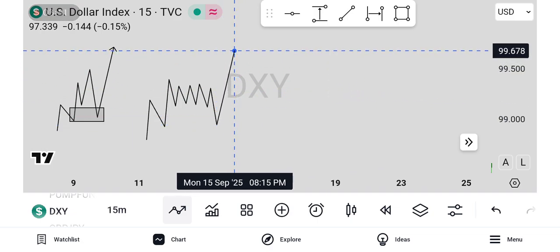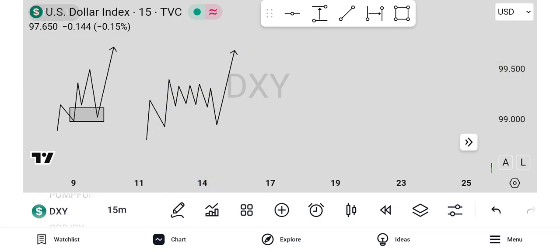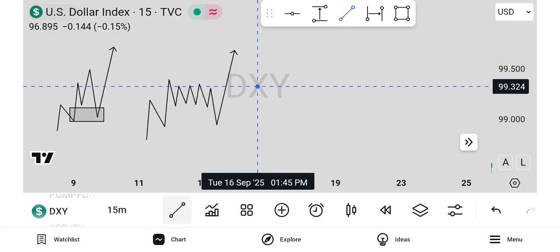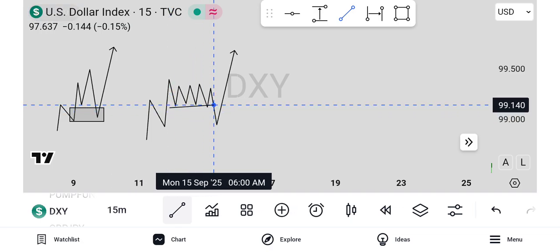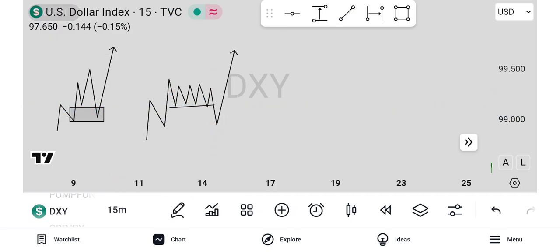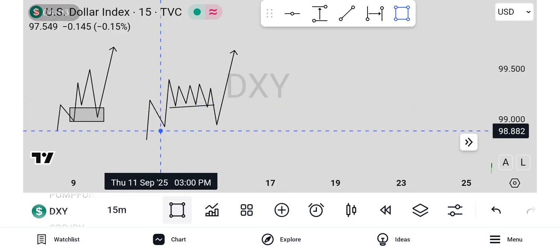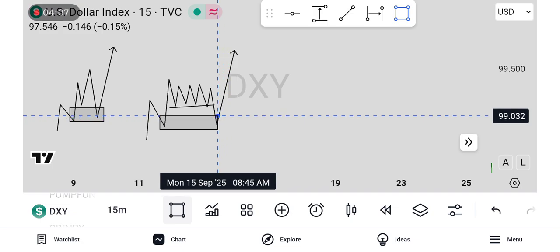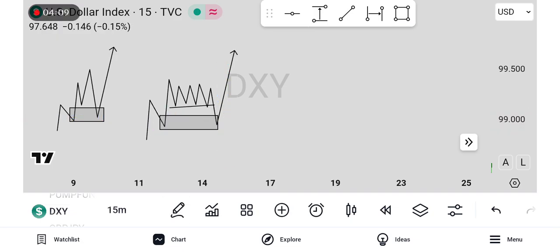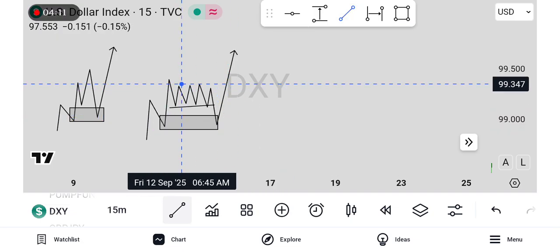So this here is a ranging liquidity. This is a ranging liquidity which price takes off and taps on the order block, then breaks structure.